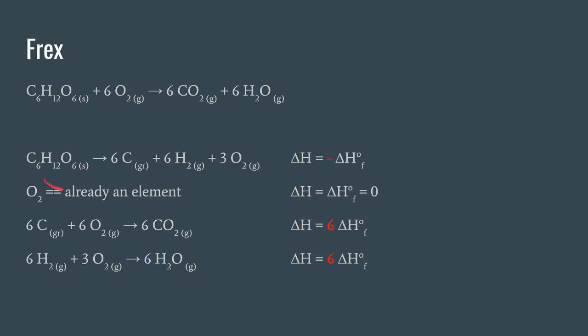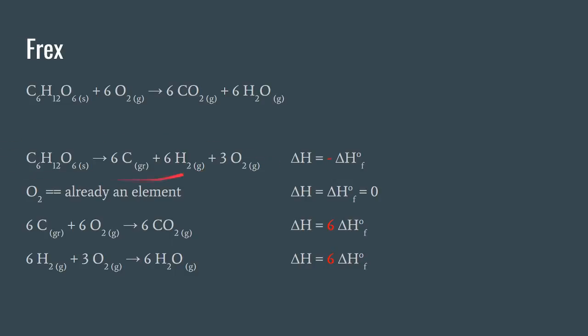These first 2 reactions, we're breaking our reactants down into elements. And then we put those elements back together to make our products, our carbon dioxide and our water. So carbon plus oxygen makes carbon dioxide, hydrogen plus oxygen makes water.